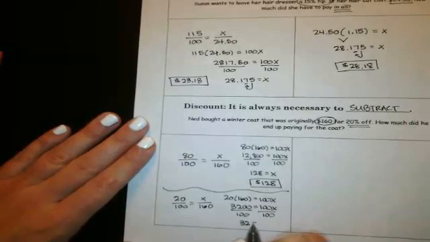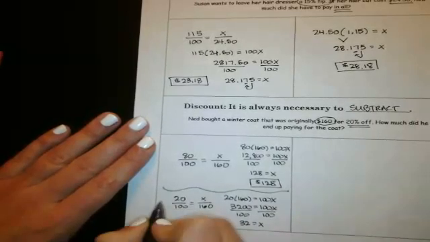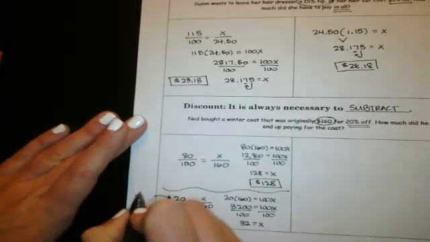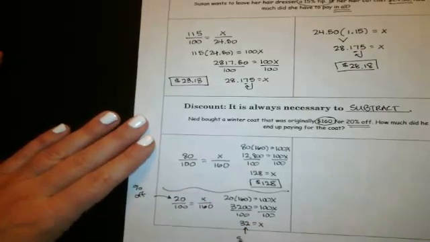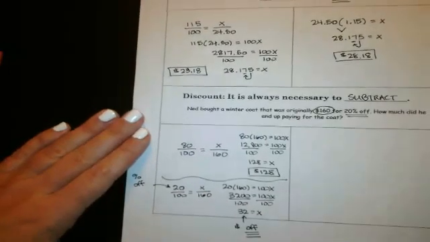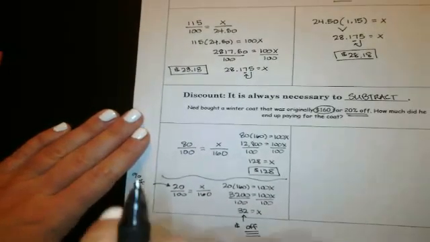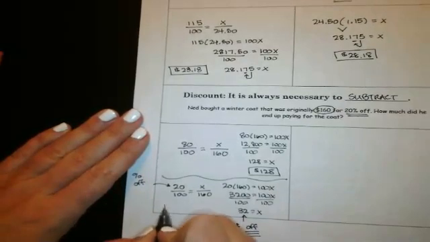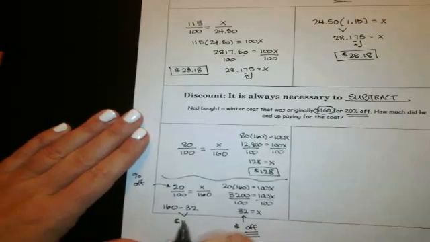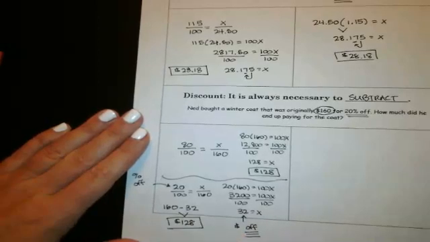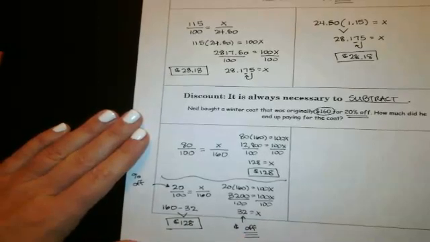We get 32 equals X. Because this is the amount off, the percent off, what you ultimately solved for is the dollars off, okay? That's how much is being taken off. So then what you would have to do is the original minus the $32 that he's saving, giving you that final sale price of $128.